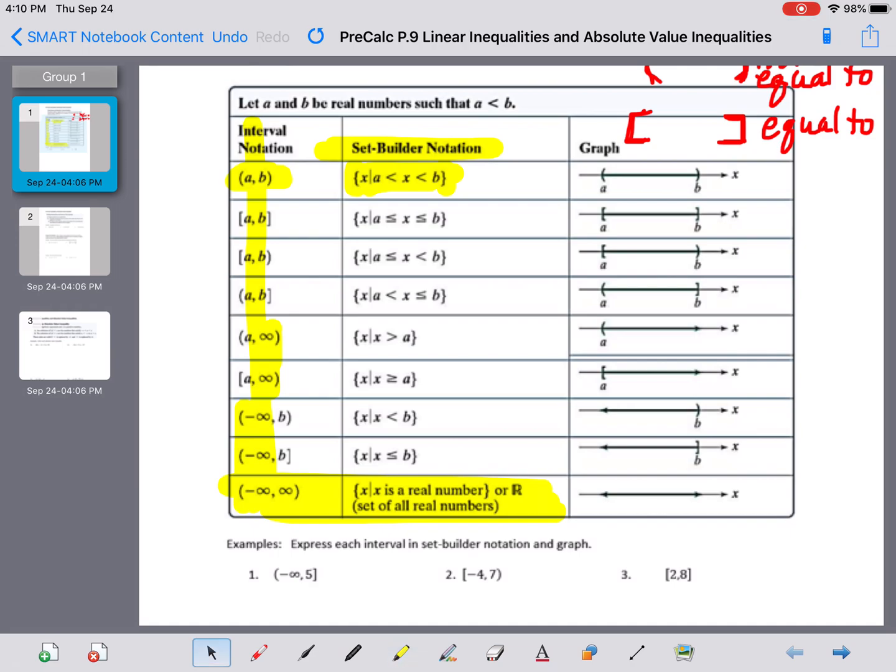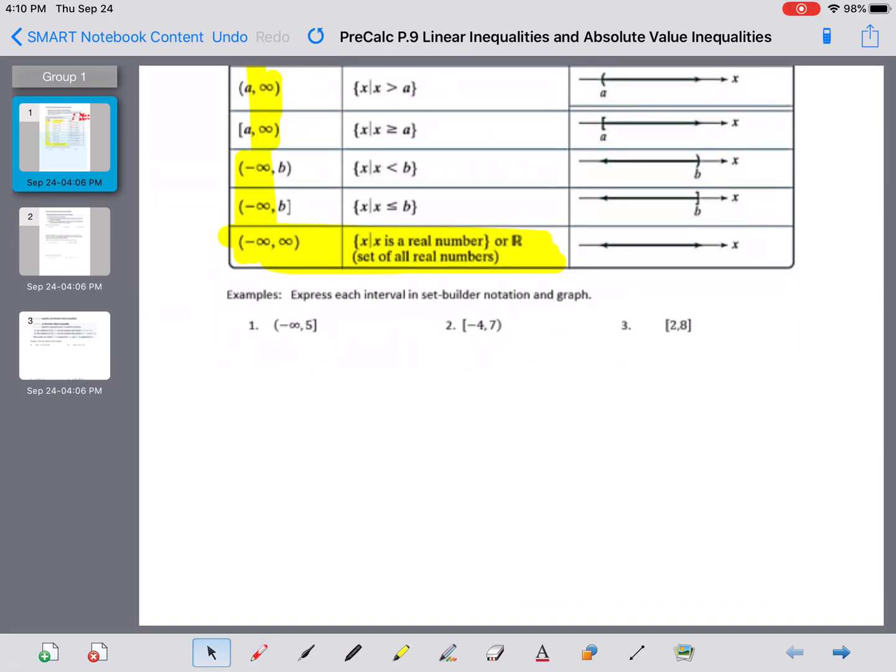For our first examples here on the bottom of the first page, we want to express each interval in set builder notation and graph it. I'm going to see if I can move this page up a little bit higher. There we go. Set builder notation first. What is this parenthesis and this bracket telling us? Of our x's, that's how we start a set builder.